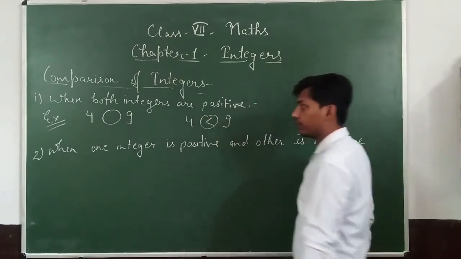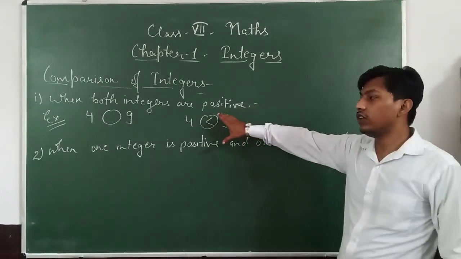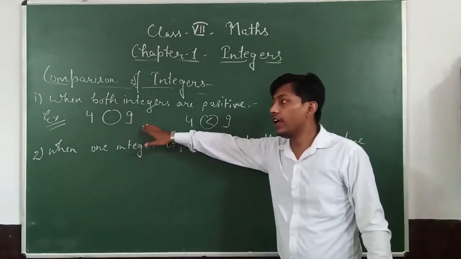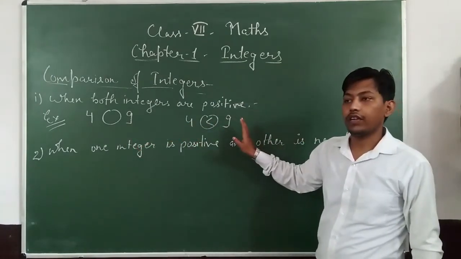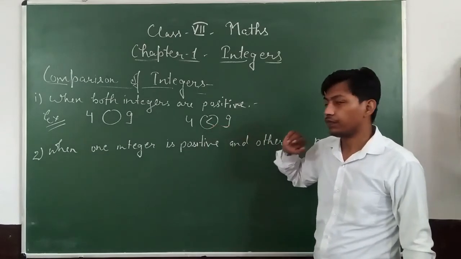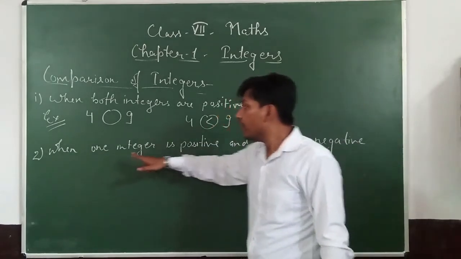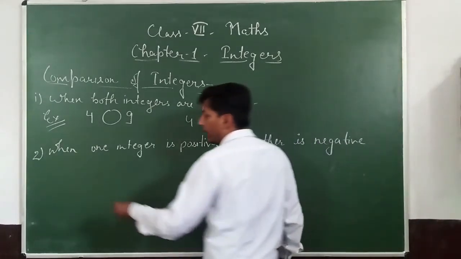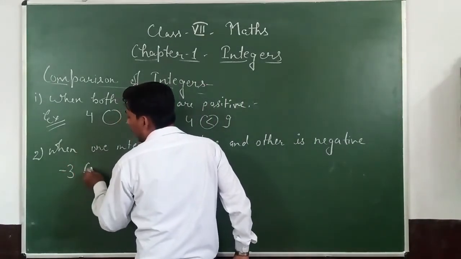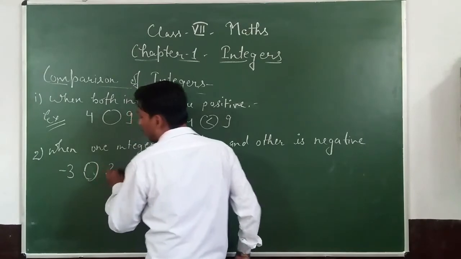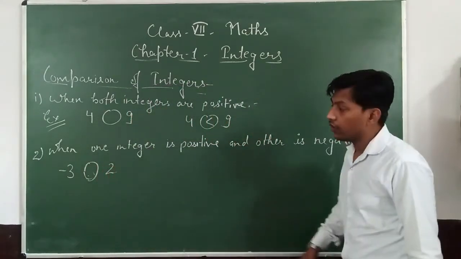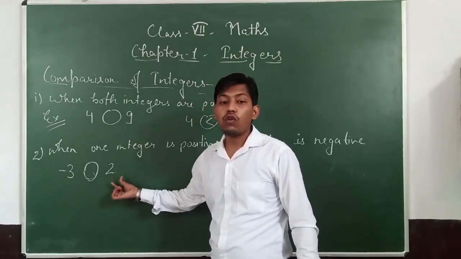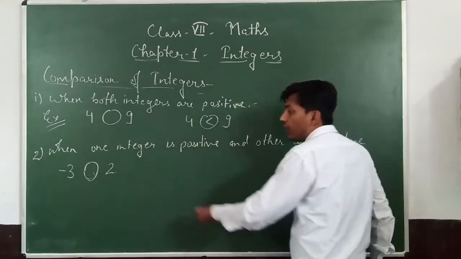When both integers are positive, the integer which has the larger numeral value is the greater integer. When one integer is positive and the other is negative, let's compare -3 and 2. What will we do?